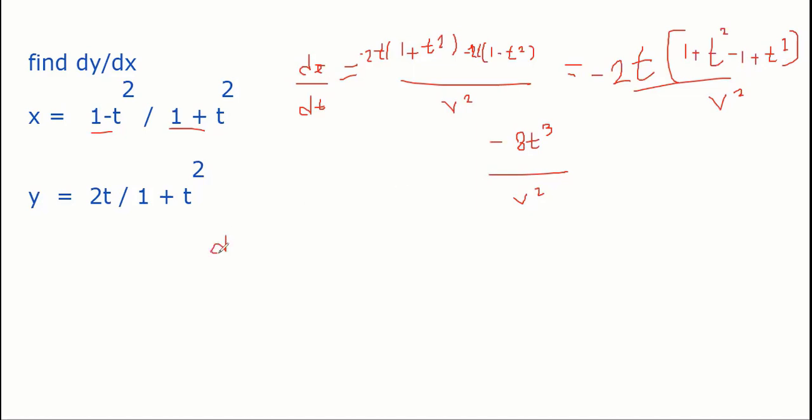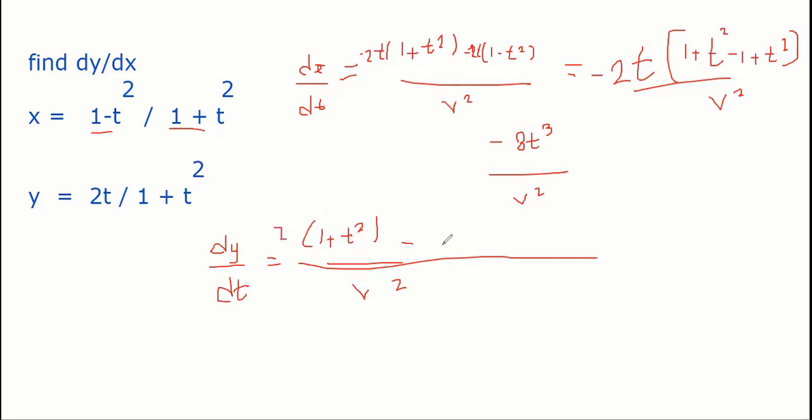Now dy by dt. Below is v square, correct? 1 plus t square into 2, only 2. So 1 plus t square into 2 gives 2 here. Minus 2t into 2t.